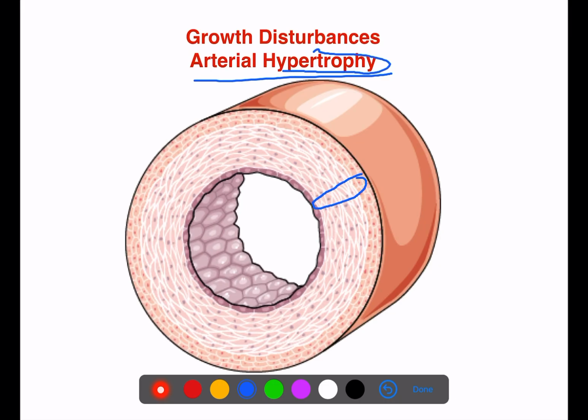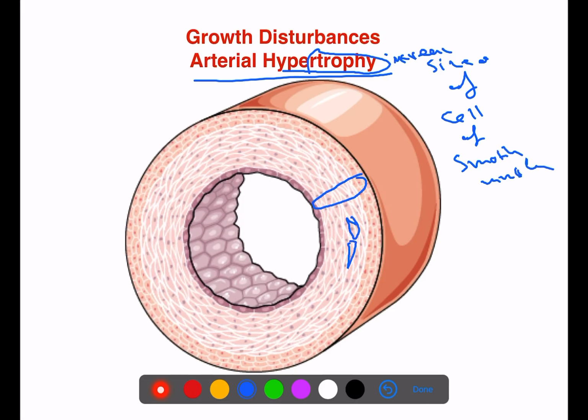Hypertrophy is an increase in the size of smooth muscle cells. That leads to an increase in the size of the tunica media.